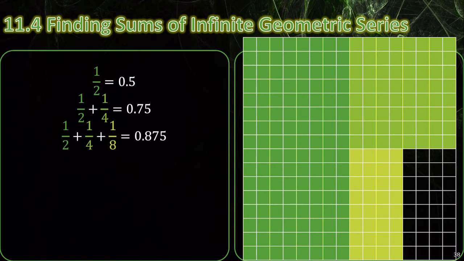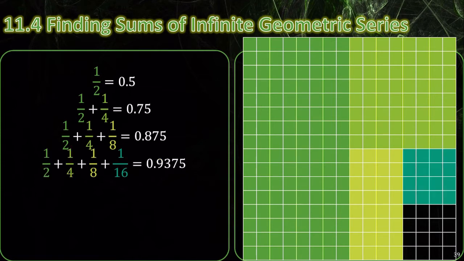If I add half of what's left, so that would be half of a half of a half of a half, or a 16th, I get 0.9375 if I add the whole colored area together. And then, well, let's add half of what's left.